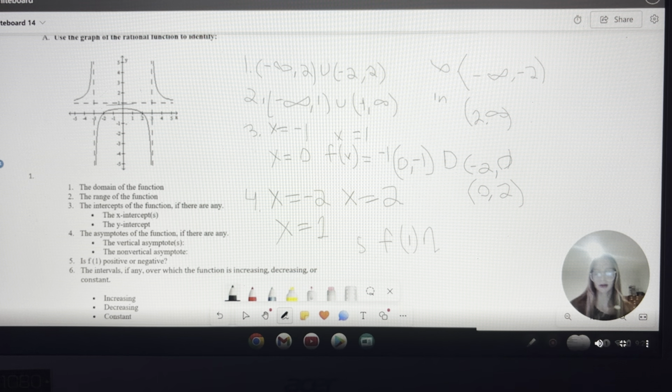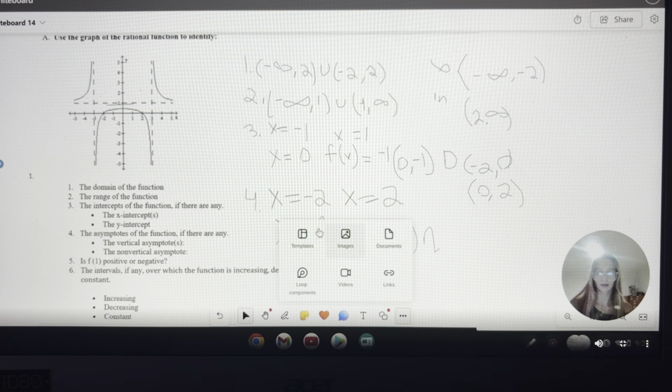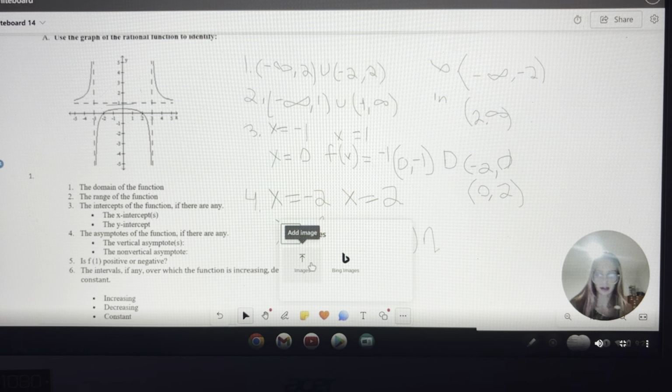Yeah, from 0, okay, 0 on the y-axis. And then there is no constant because the graph isn't flat. It's curved. So there is the first one. Let's upload the second.